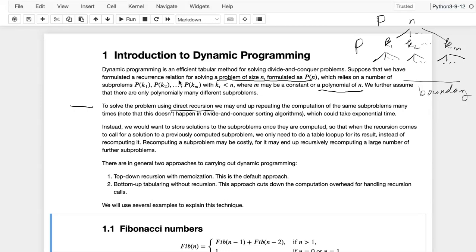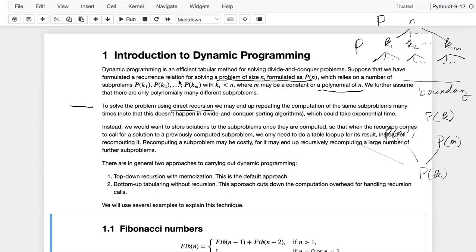Which means that, for instance, there is a subproblem P of K, and in order to compute some other thing, let's call it M, it will need to compute P of K. Maybe the other one, n prime, also may need to compute P of K. Maybe there are some others.